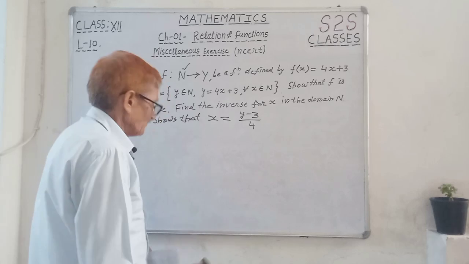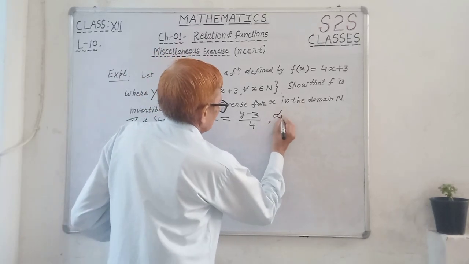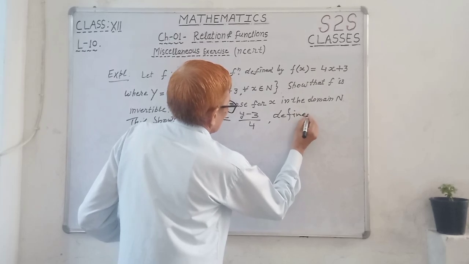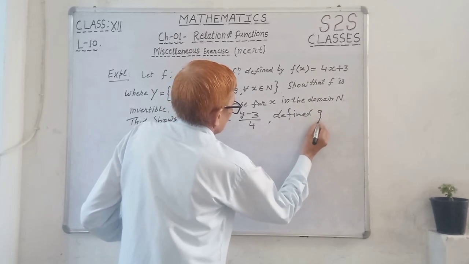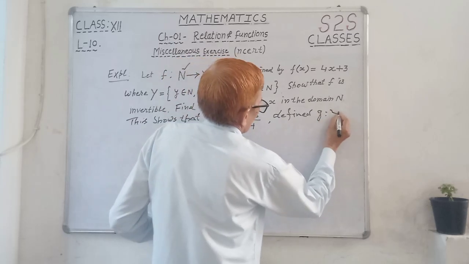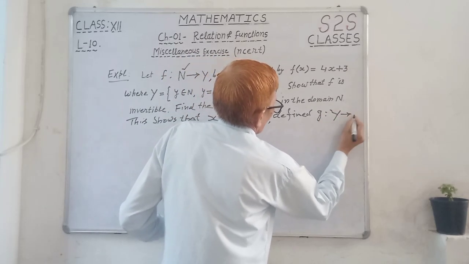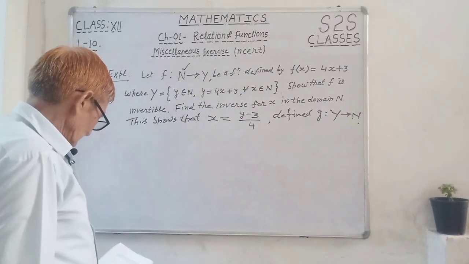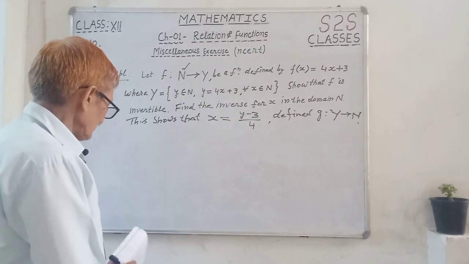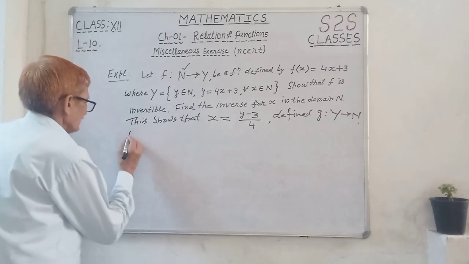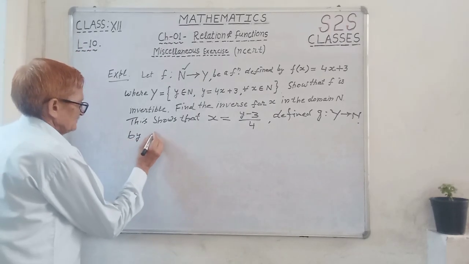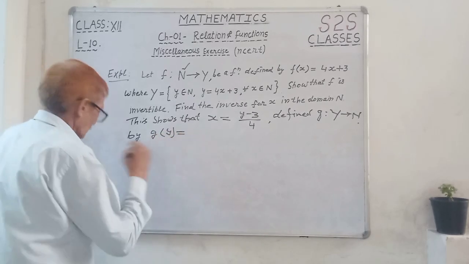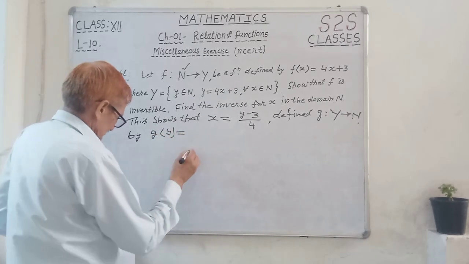Define g from Y to N, such that g is defined by g(y) = (y - 3)/4.